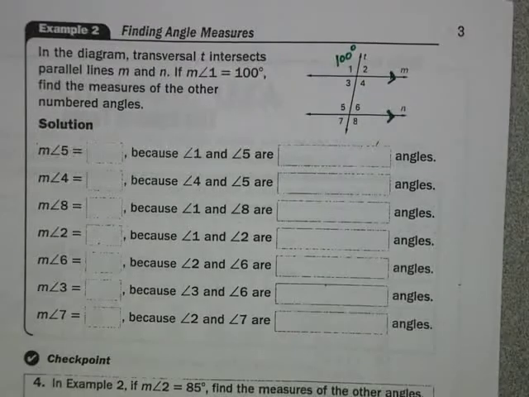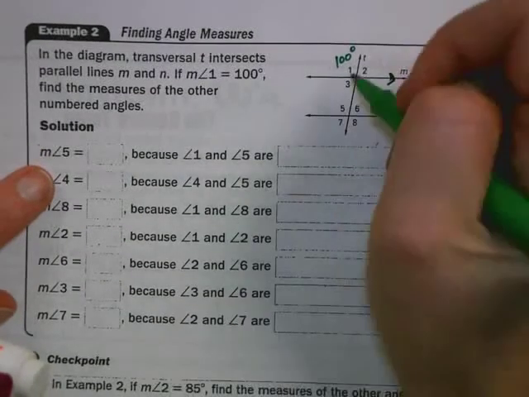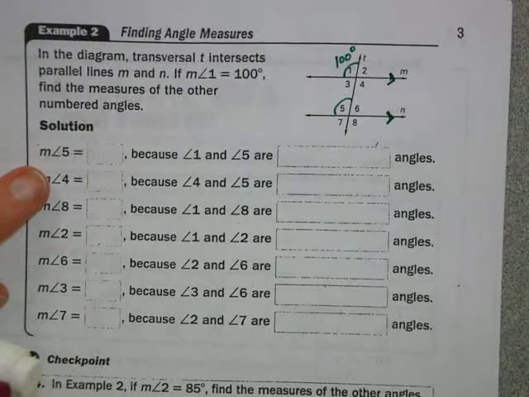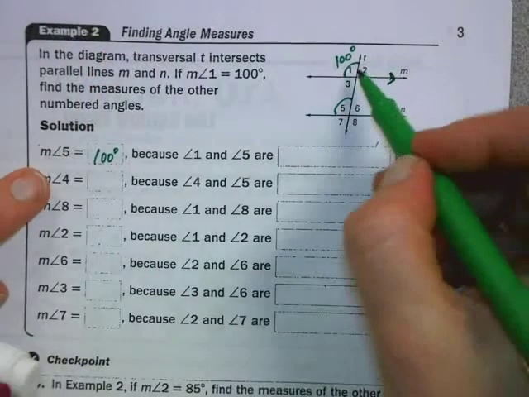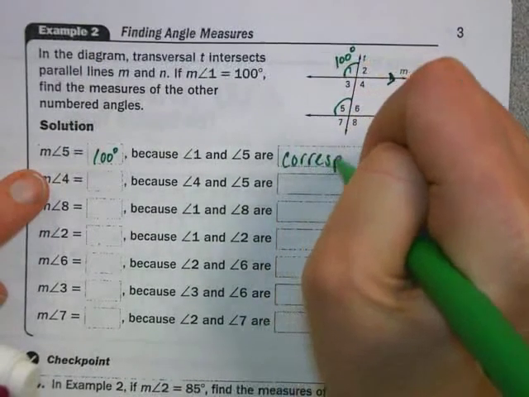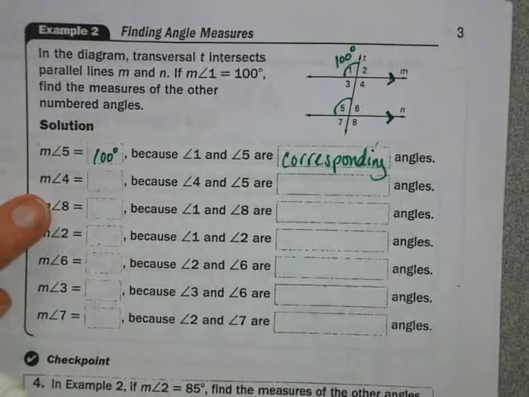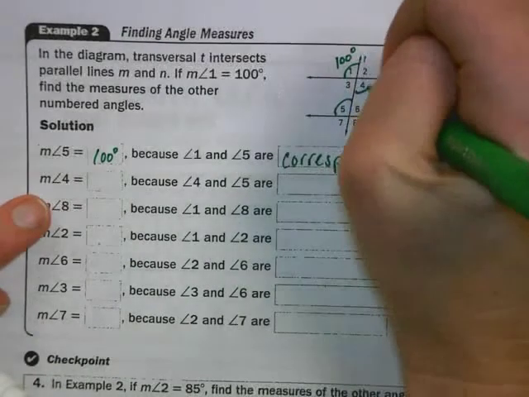So we know angle 5 automatically. So here's angle 1. What does angle 5 have to be? It has to be 100 degrees because they are what kind of angles? Corresponding angles. They're in the same position. Okay? Now we also know the measure of angle 4 because 4 and 5 are what kind of angles?